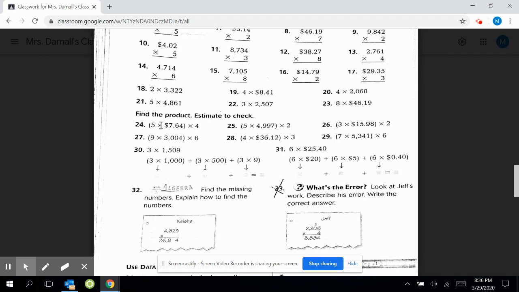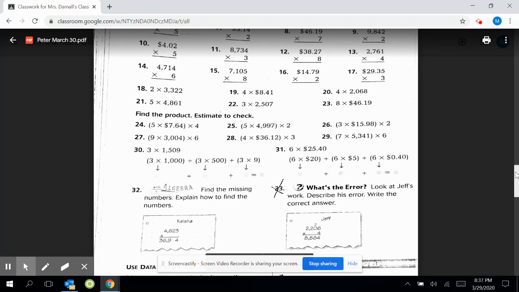And so they want you to take 5 times 764, and then whatever that answer is, take that answer times 4. So basically, these are kind of like 2 problems in one. You have to do this part first to find out what it is that you're going to multiply times 4. So you're going to need to do the part in parentheses first and then multiply times 4.